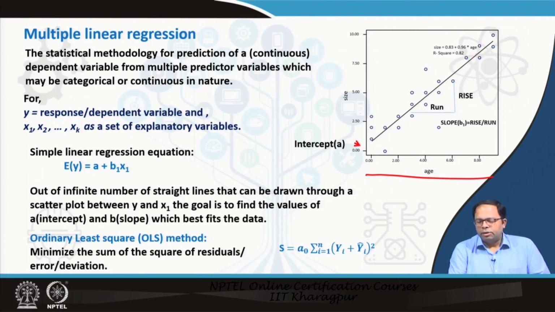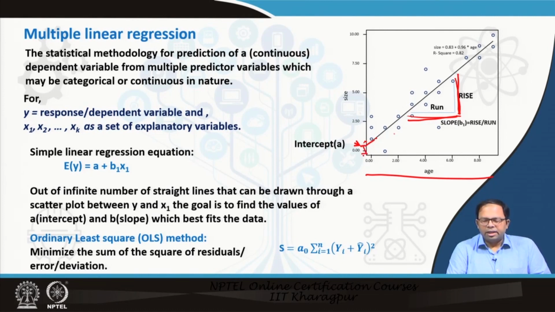So, this is multiplied by age. This 0.96 is the slope, b1, which is rise by run. So, this is the rise and this is the run. This gives us the slope, and the value where this line meets the axis gives us the intercept.